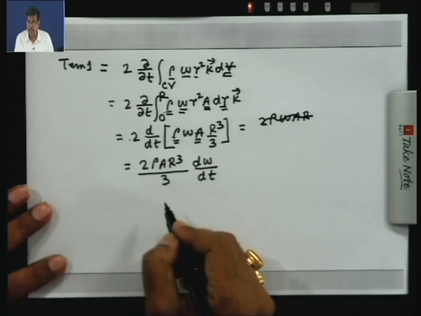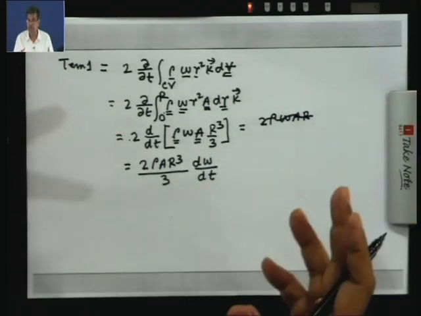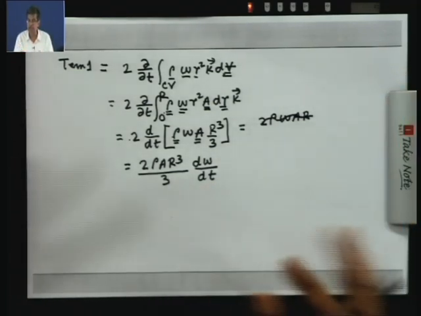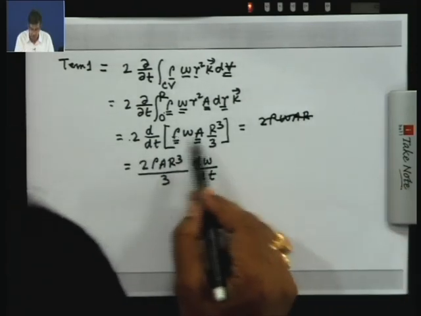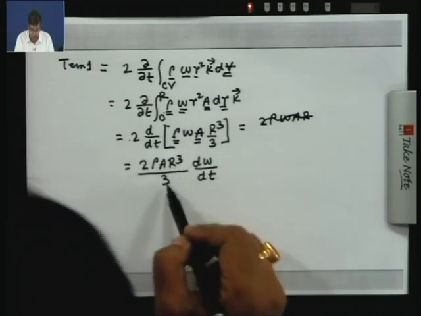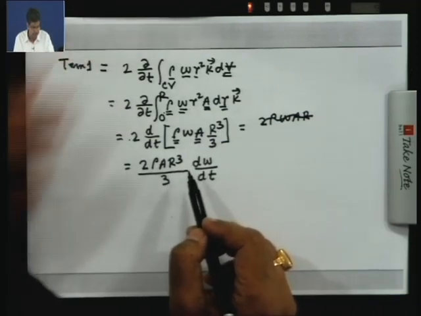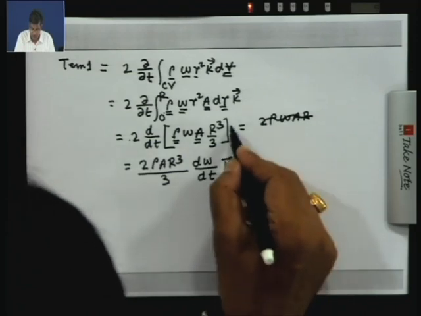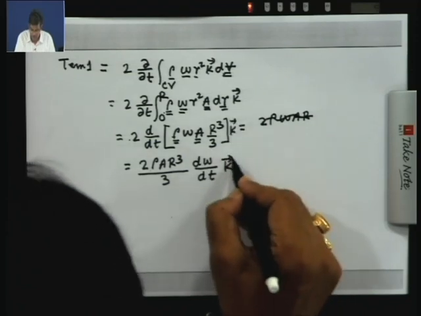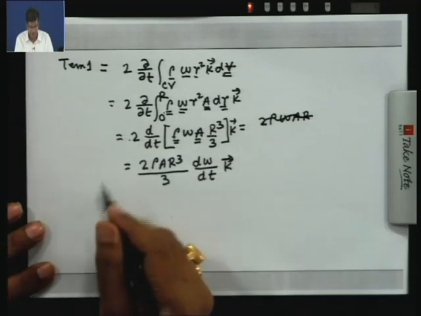Angular velocity is changing with time because it is freely rotating, there is no moment acting on it to balance it, so it will go on decreasing. This is the first term, in the k sense, about the z axis, term 1.